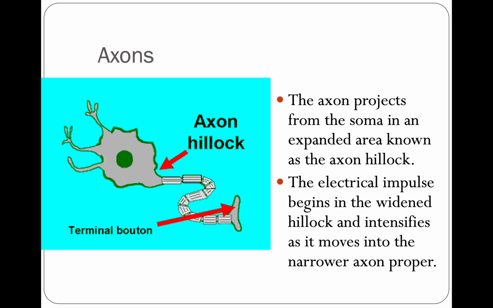The axon projects from the soma in an expanded area known as the axon hillock. The electrical impulse begins in the widened hillock and intensifies as it moves into the narrower axon proper. Neurotransmitters will create an electric charge. So it's an electrochemical reaction. The action of the neuron is an electrochemical reaction.